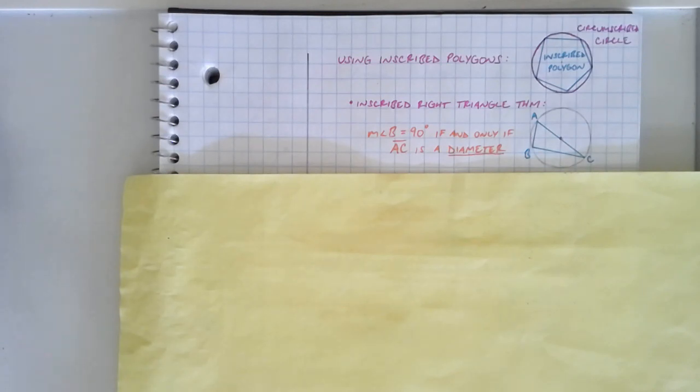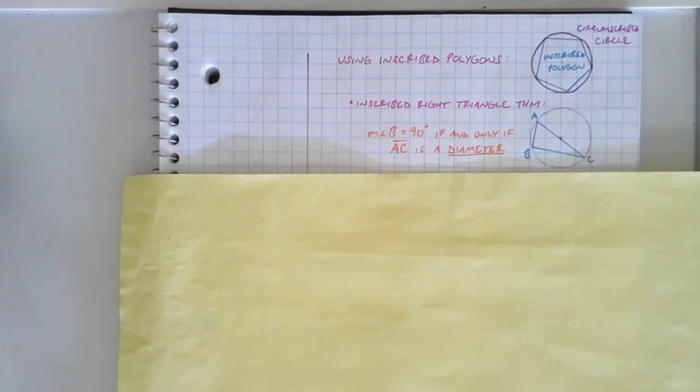Okay? So the only way a right triangle can be inscribed on a circle where all 3 corners are on that circle is if one of those 3 sides, specifically the hypotenuse of that triangle, is a diameter of that circle.